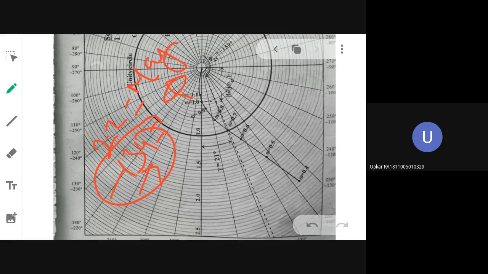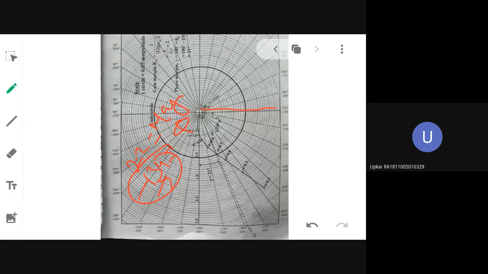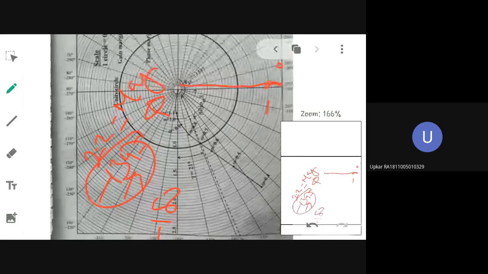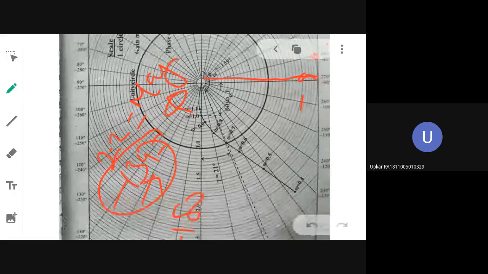This is my minus 90. This is my minus 180. Between these only I will have 134. So this is minus 180, minus 110, minus 130, and this is my minus 140. In between there will also be small radial lines. Find out where 134 is.